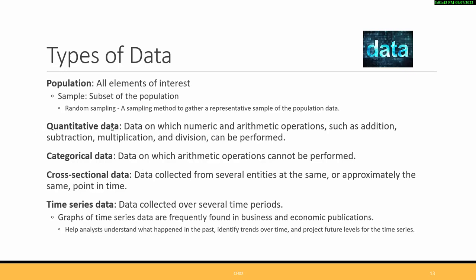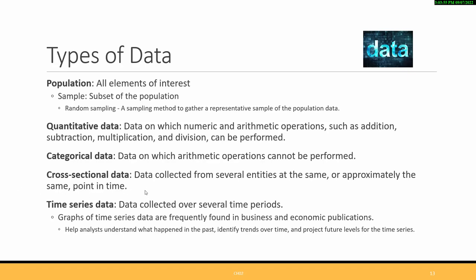We previously discussed that data can be quantitative or categorical. Categorical data can be nominal or ordinal. Quantitative data can be ratio or interval. Another classification for data is cross-sectional data versus time series data. Cross-sectional data is data collected from several entities at the same or approximately the same point in time.